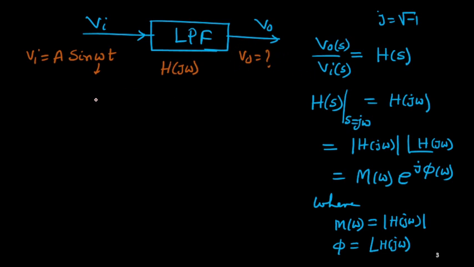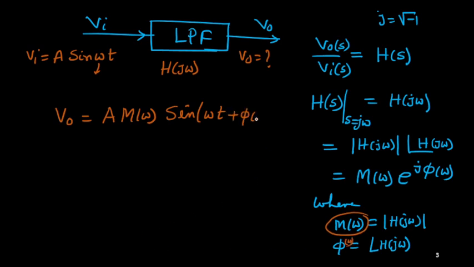If this is provided, we can find out the corresponding output. So what is the relation? This V0 will be, whatever amplitude was there, the same amplitude multiplied by M of omega, and the sinusoidal signal frequency will remain the same. It is again a sine wave with the same frequency omega t, but this phase, again a function of omega, will be added.